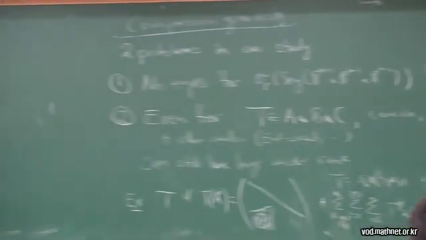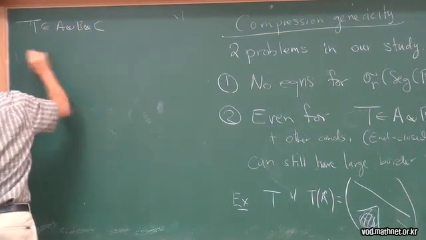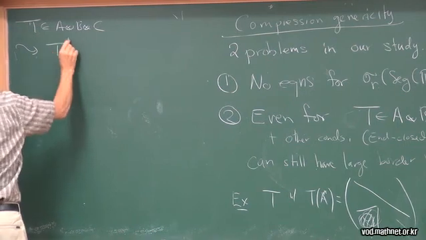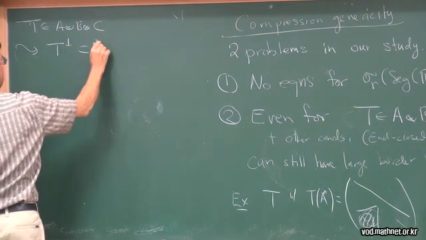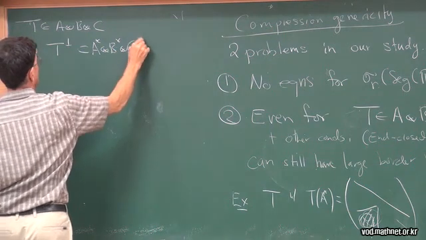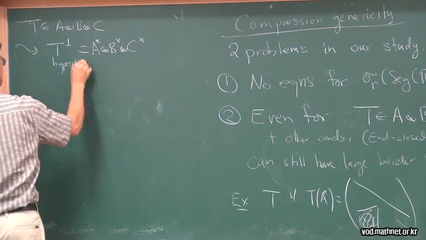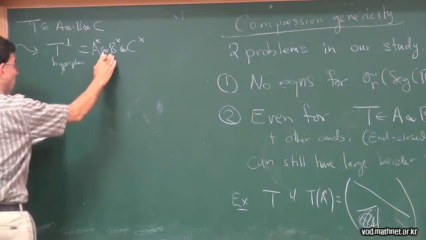So of course, T in A tensor B tensor C gives rise to a hyperplane inside A dual tensor B dual tensor C dual, because this is a vector space and this is the dual vector space.